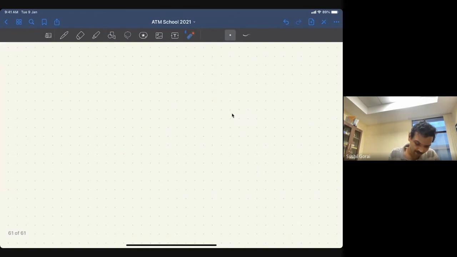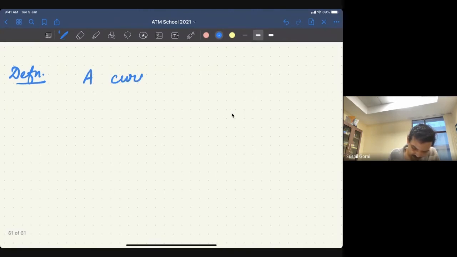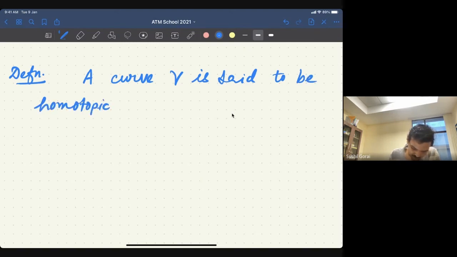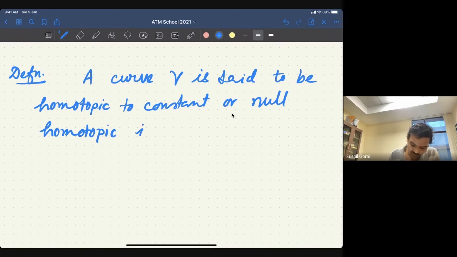First thing, a curve gamma is said to be homotopic to constant, or null homotopic, if gamma is homotopic to a constant curve.